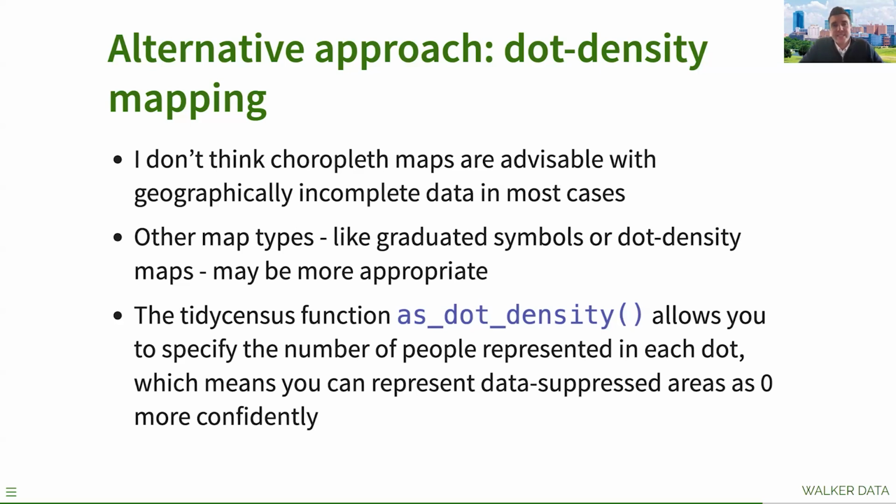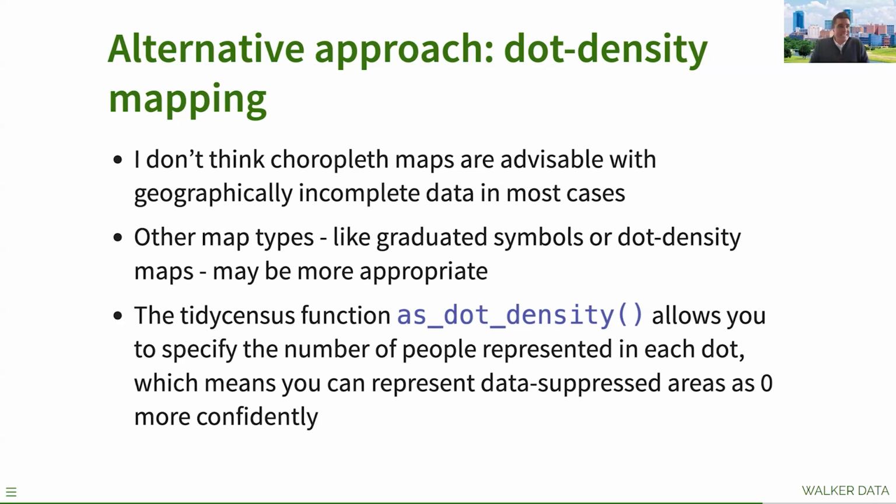So there's a function in tidycensus called as_dot_density, which we'll do a deeper dive into in 2 weeks. But it allows you to specify the number of people that each dot represents. So instead of, say, that tract with 2,700 self-identifying Somalis, you could change that into a bunch of scattered dots, each of which represents a given number of people.